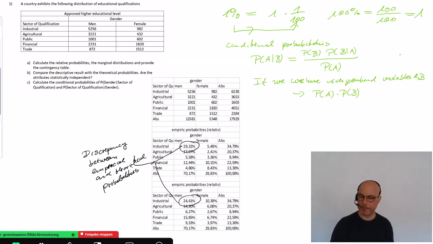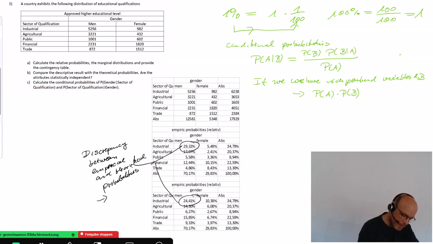Well, and therefore, we of course have to admit that from a descriptive point of view, we have a hint that these two variables are not independent.